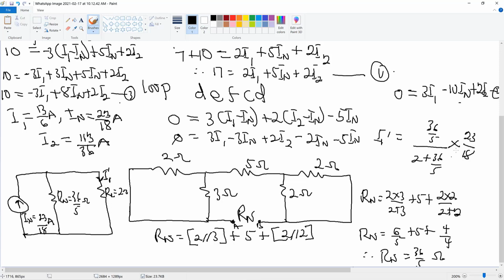So when we make this computation, the value for I1 prime is equal to 1 ampere, and this 1 ampere is the current that goes through the 2 ohm resistor.